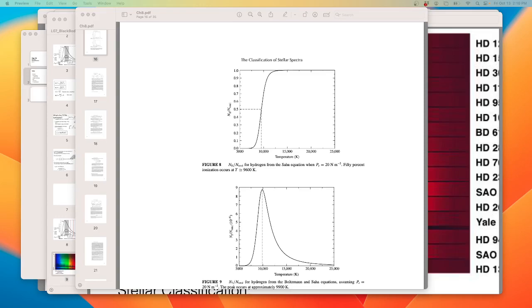Okay, so the reason that it goes back down is because when you overexcite the electrons, the ones that are in that first excited state get ionized and they're gone, and so there's less in it. Yeah. Okay. And so you could do that graph with OBAFG?